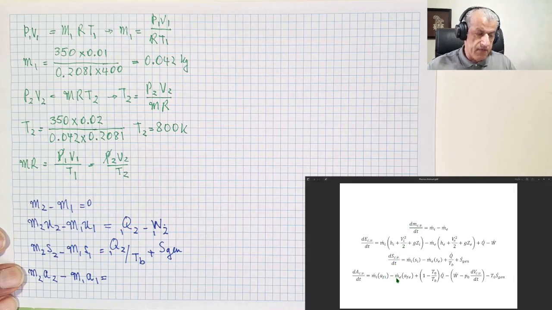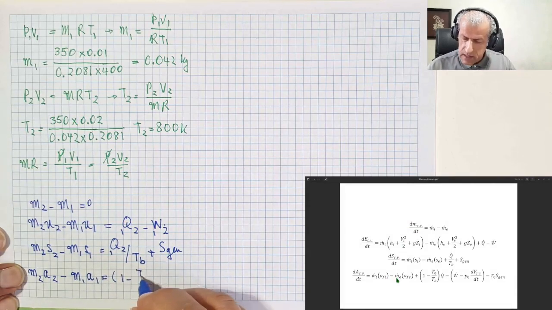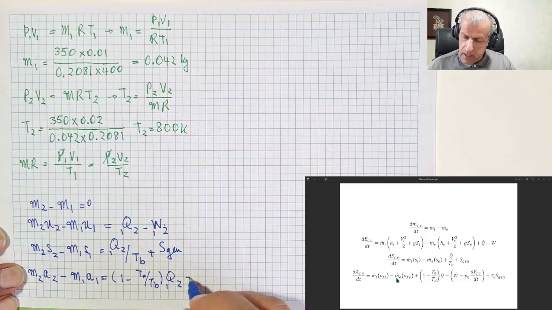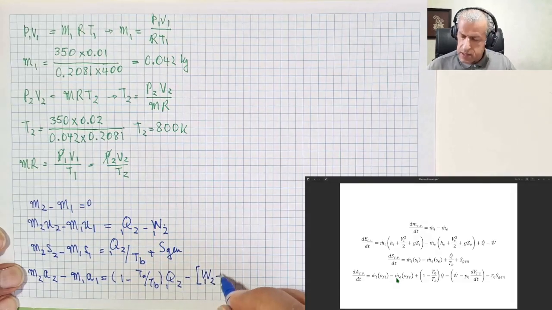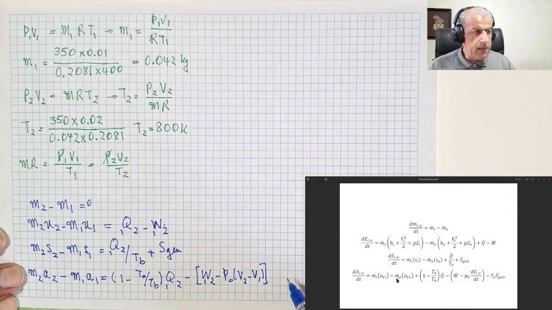We are only left with the other terms, which are 1 minus T0 over TB times Q12 minus W12 minus P0 times V2 minus V1 and minus T0 Sgen.